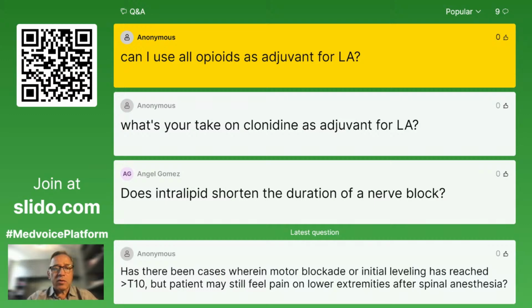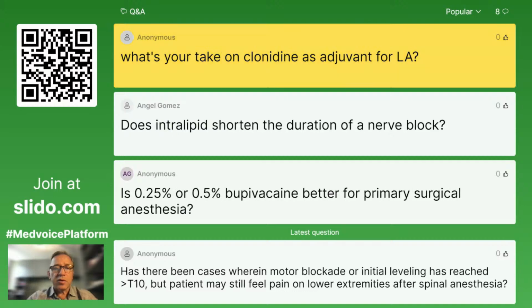What's your take on clonidine as an adjunct for local anesthesia? I don't normally use clonidine as an adjunct to local anesthesia. I do not really, in my own practice, mix local anesthetic with anything apart from adrenaline.